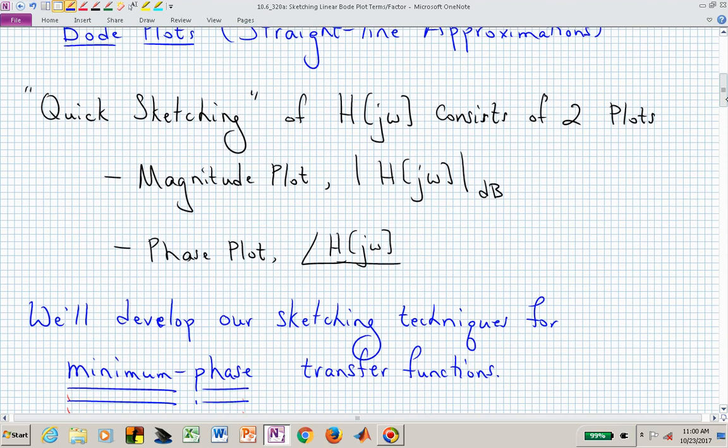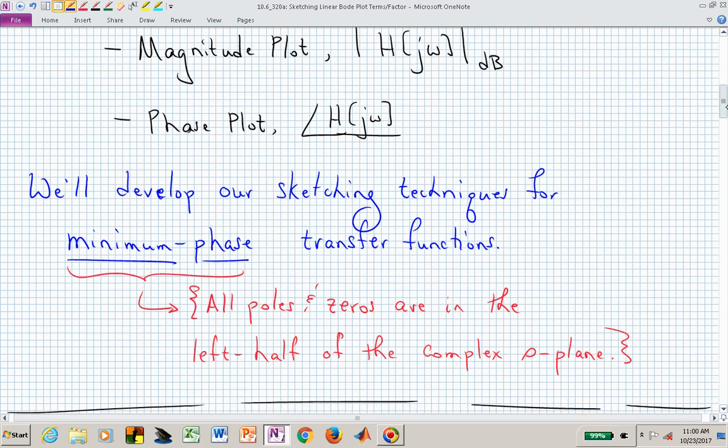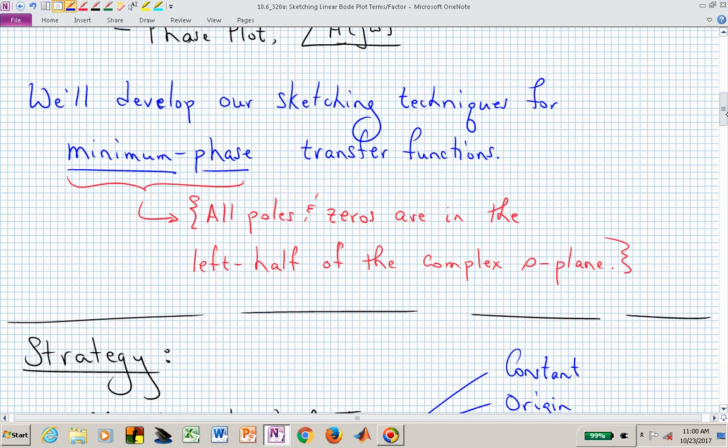We'll have two different plots, and these strategies are all being explained assuming that we have all of our poles and zeros living in the left half of the complex S-plane. All the real parts of the poles and zeros are negative.